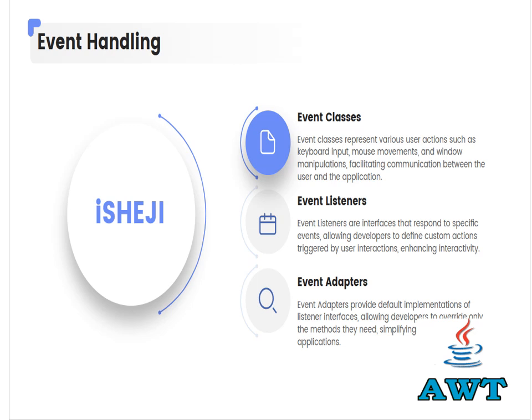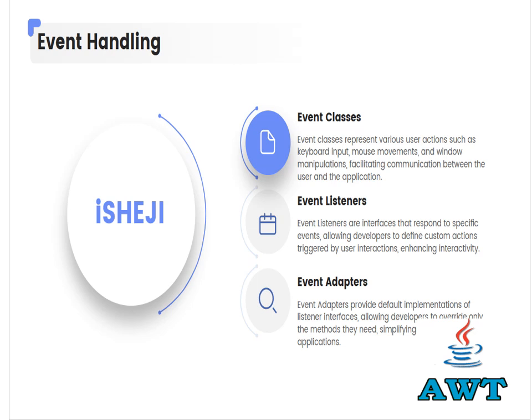Events are generated from the source. There are various sources like button, checkbox, list, menu item, choice and scroll bar, etc. Listeners are used to handle the events generated from the source. Each of these listeners responds through interfaces that are responsible for handling the events.